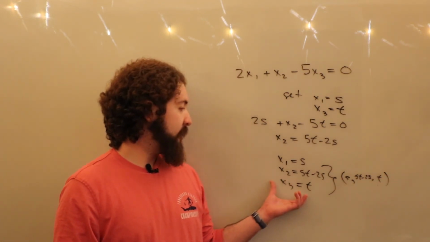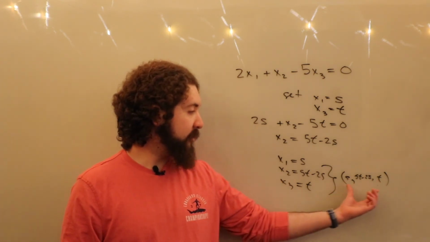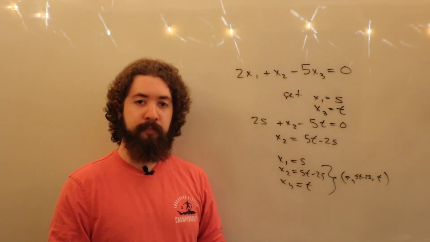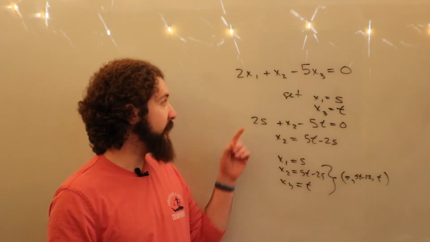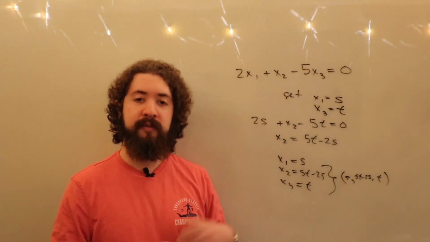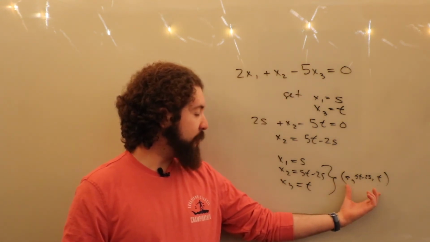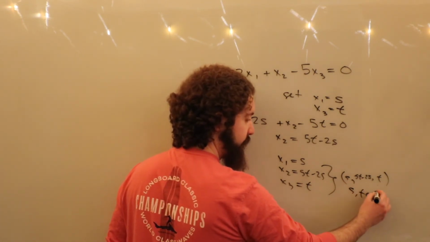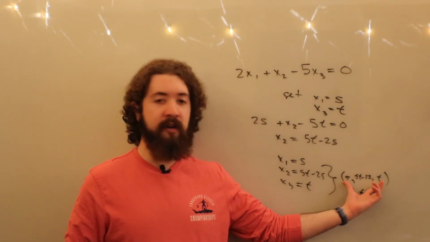This is the parametric form of our solution set, and for different values of s and t, it's going to trace out an entire plane in three-dimensional space, in x1, x2, x3 space, as opposed to x, y, z. So this coordinate triple with s and t ranging over all real numbers represents the parametric form of our plane.